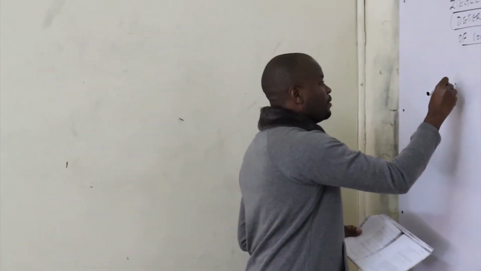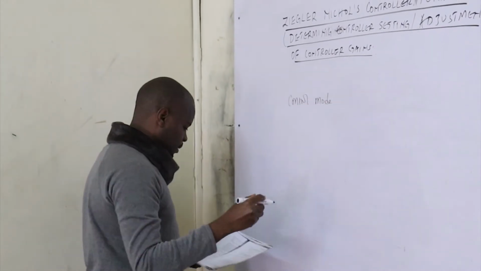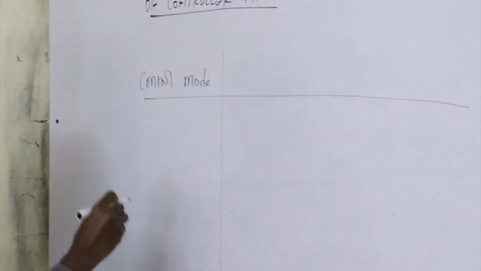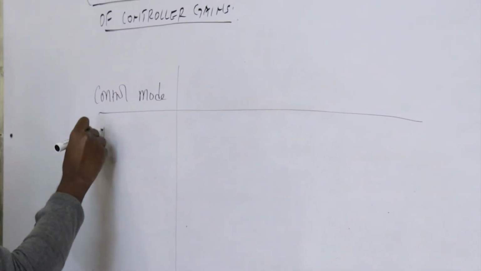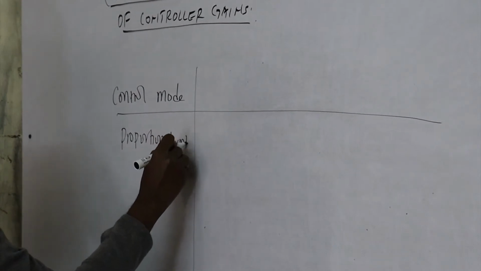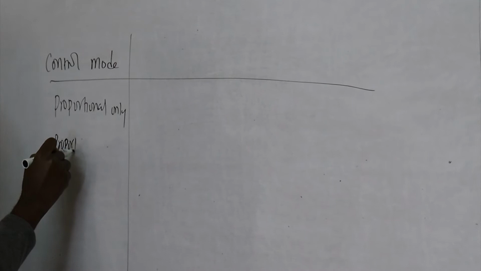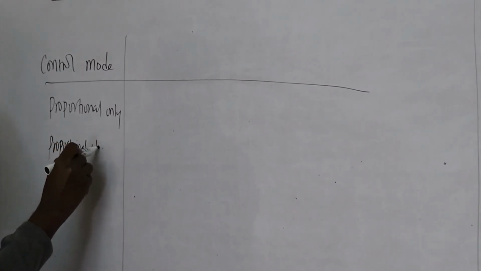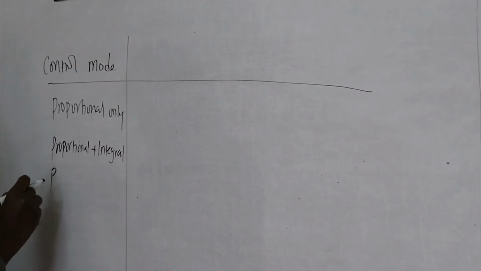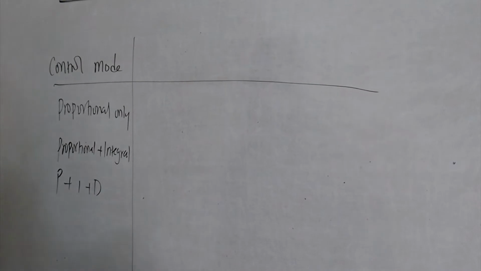Here we have the control mode: if it is proportional only, then proportional plus integral, then proportional plus integral plus derivative, which we refer to as the PID.